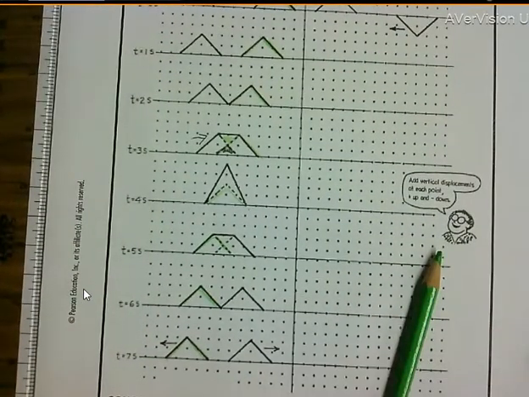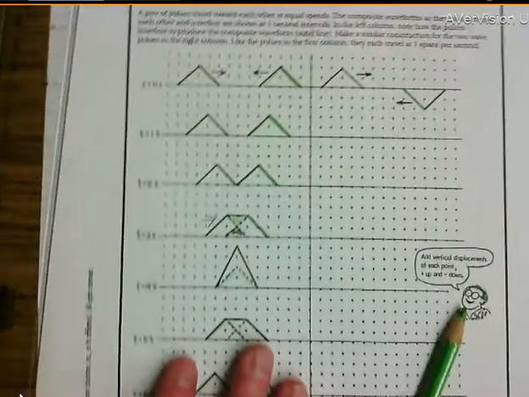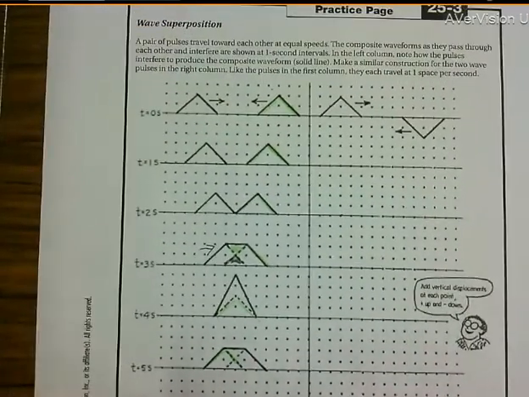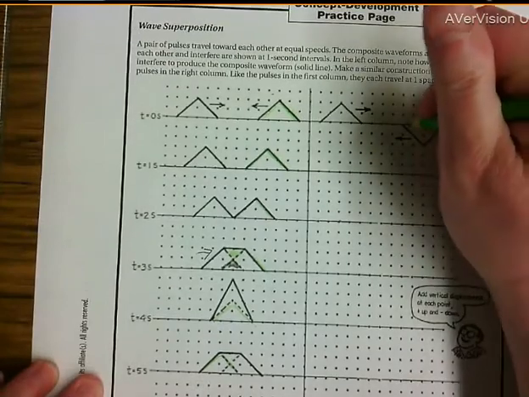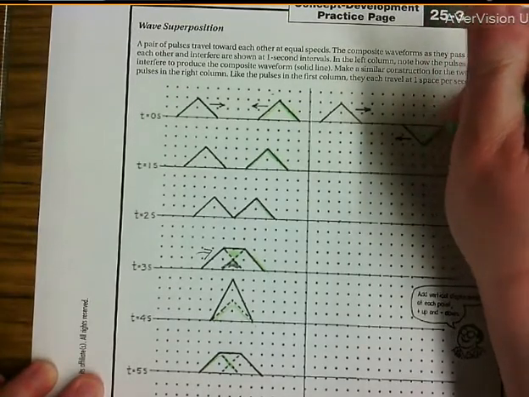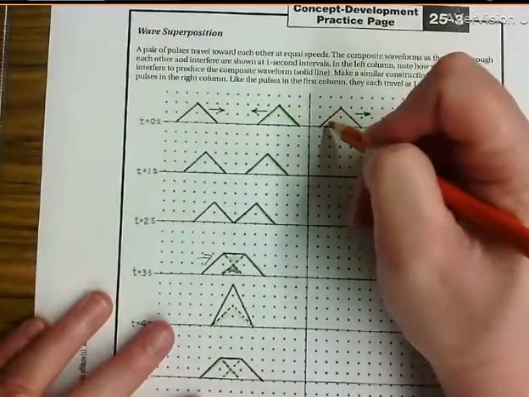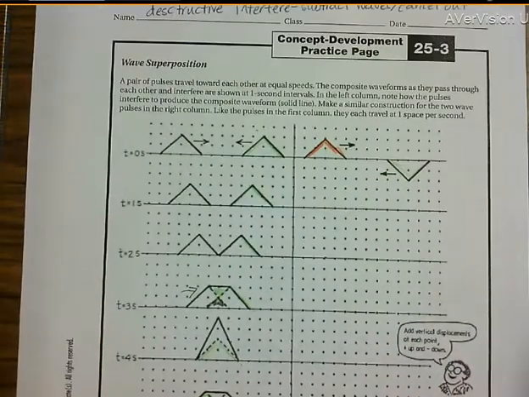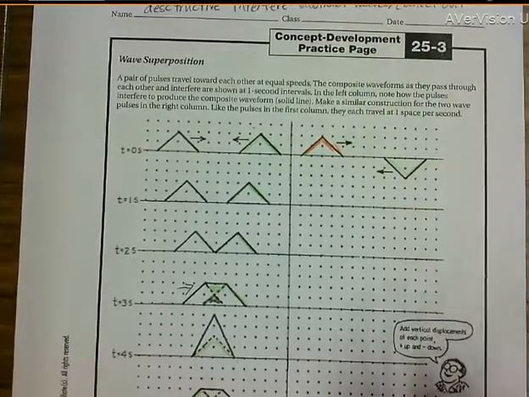So we're going to do something similar with this other one. I'm going to grab one more colored pencil. I'm still going to have this one be green, but when I draw this one, it'll be red. And then the resulting wave I'll just do in my regular pencil color.